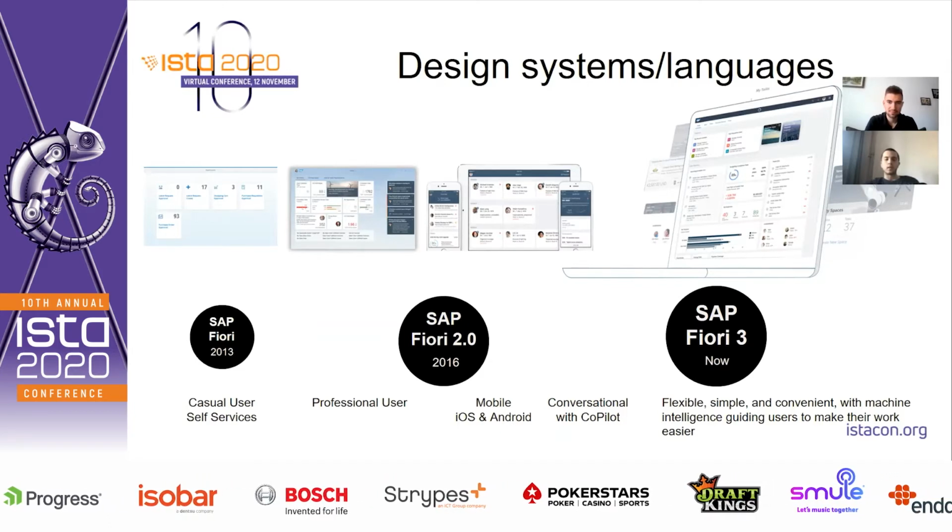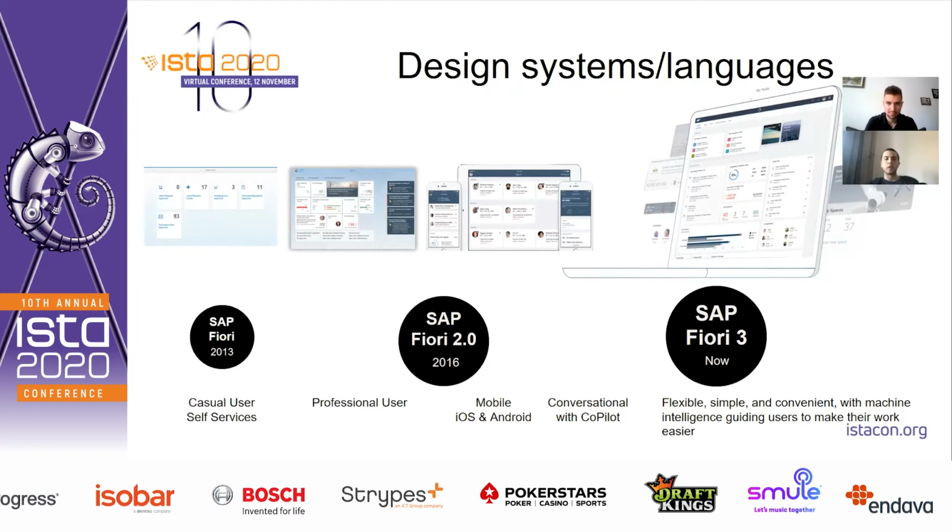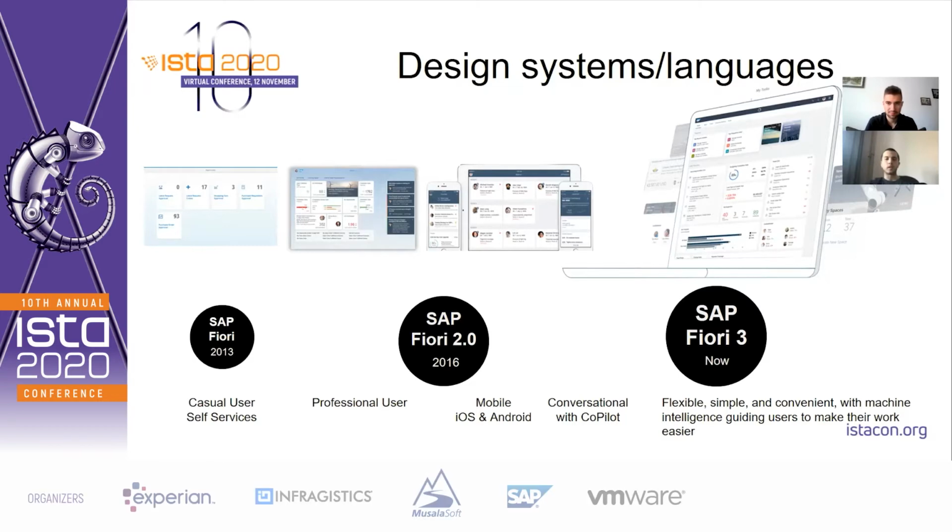And nowadays we are talking about Fiori version 3. The main idea behind the newest version of SAP Fiori is that algorithms as well can really win from the software that they are using.